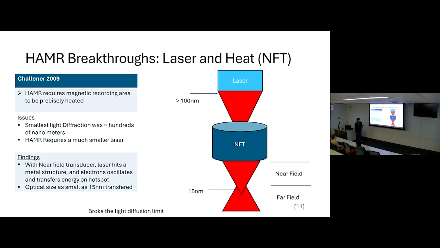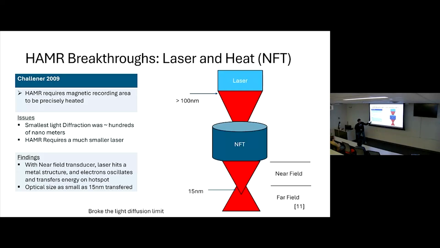But that wasn't possible in 2009. Then Challener and his team found out that using a near field transducer, he can reduce the size of the diffraction down to 15 or 25 nanometers, and that made it possible to use HAMR for higher areal recording densities.